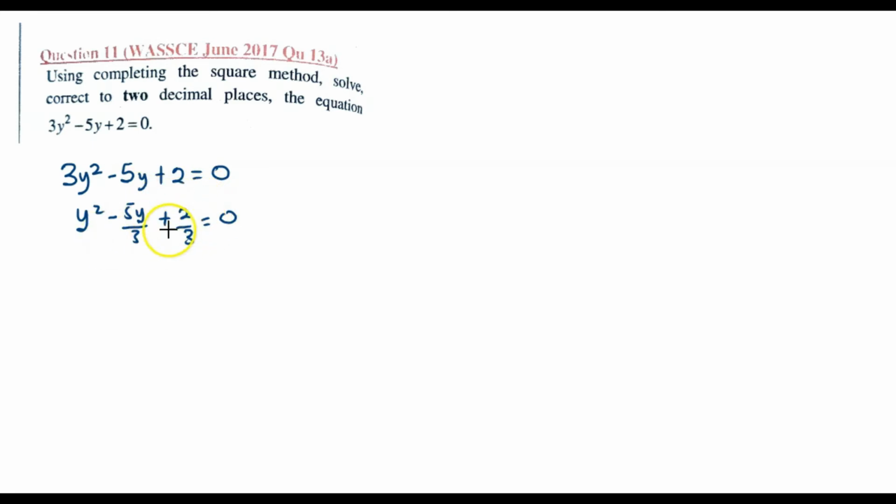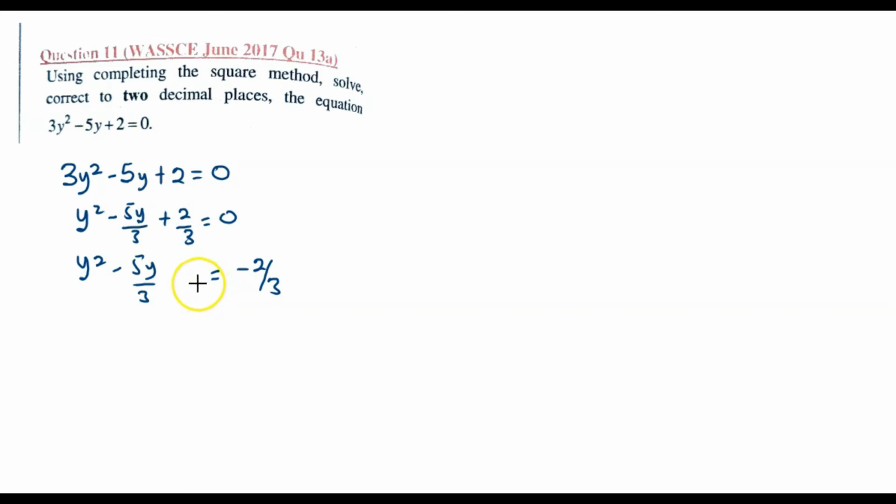Then you transpose the 2 on 3 to the right hand side, meaning you are separating the constant from the variable under discussion, and that will be given as y squared minus 5y on 3 equal to negative 2 on 3. So this is where we complete the squares for both sides of the equation.